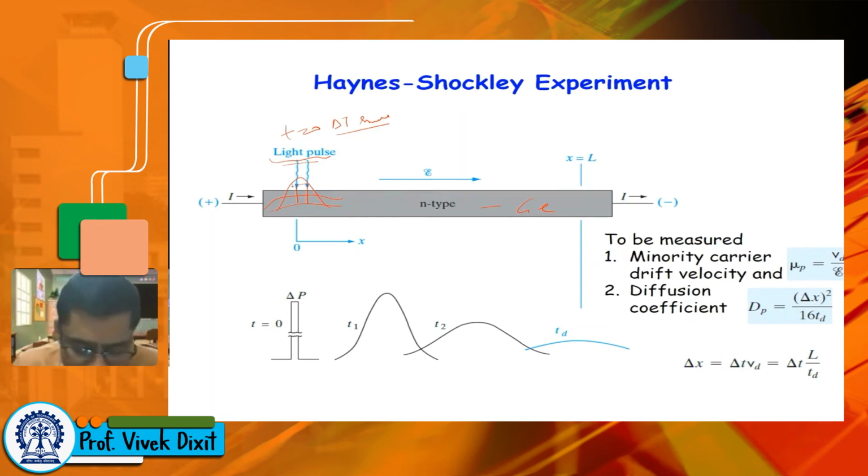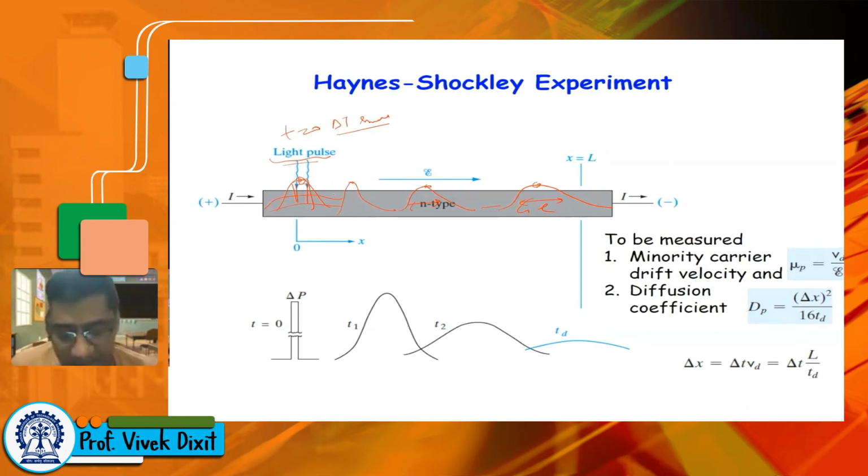By the propagation of the peak, you can measure the mobility, and by the width or spread of this concentration profile, you can measure the diffusion, correct?